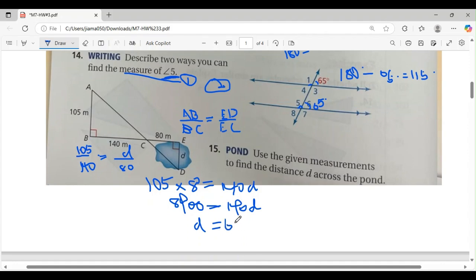D equals 60. Okay, so the value of D is 60.